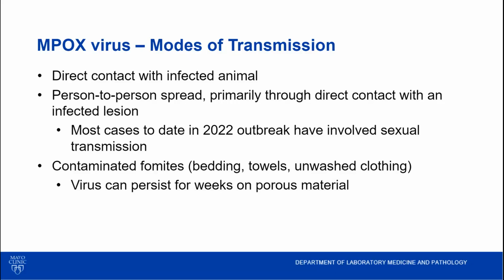These studies have shown that the virus can persist for weeks on porous material like towels and clothing. The virus can be recovered in cell culture. PCR studies have shown that the DNA from the virus can be detected for weeks. So this is one possible route and has been confirmed as a route of transmission in a small number of cases during the current ongoing outbreak.